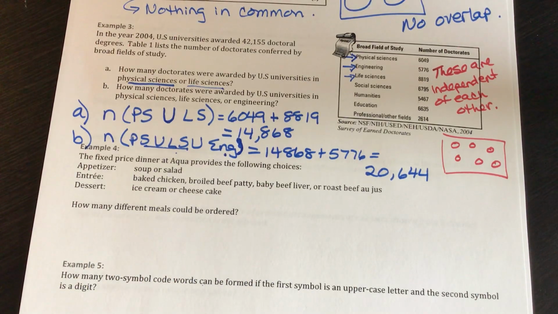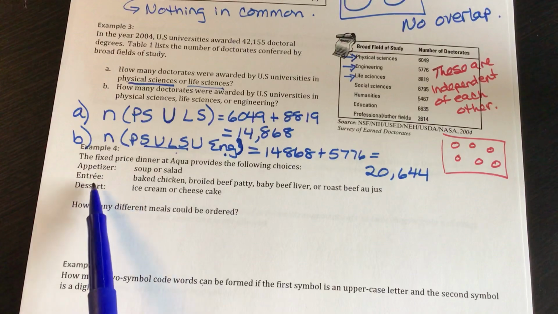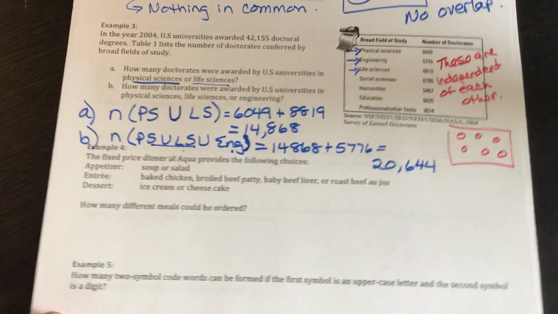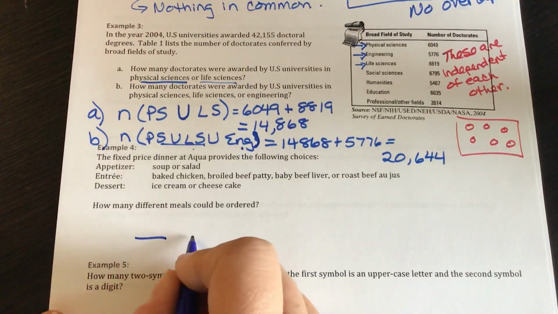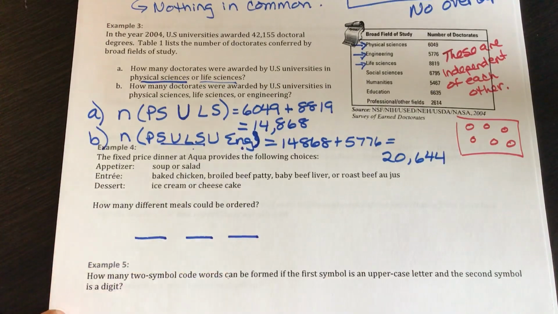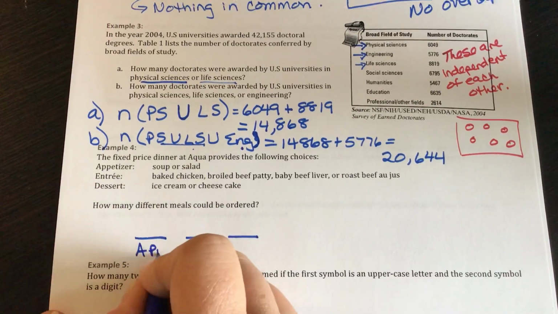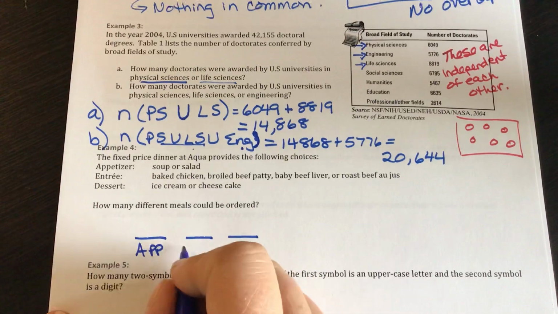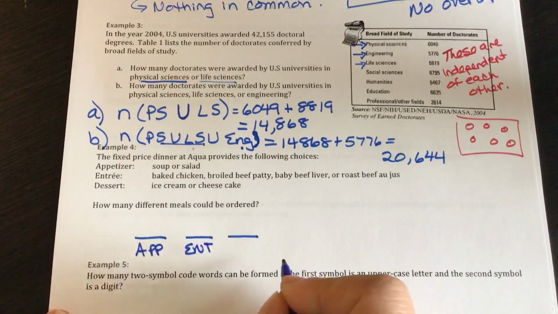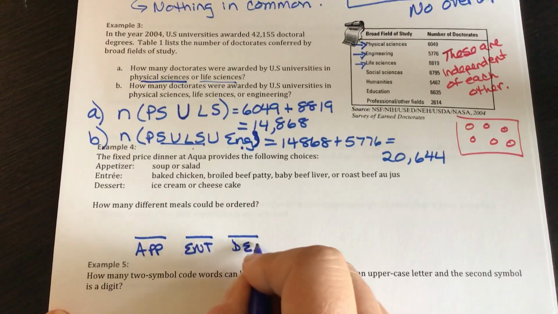All right, so we're looking at all the different ways that I could match up a soup, or I'm sorry, an appetizer, an entree, and a dessert. And here, you're going to be making three choices. You first choose an appetizer, and here is your entree, and here is your dessert.